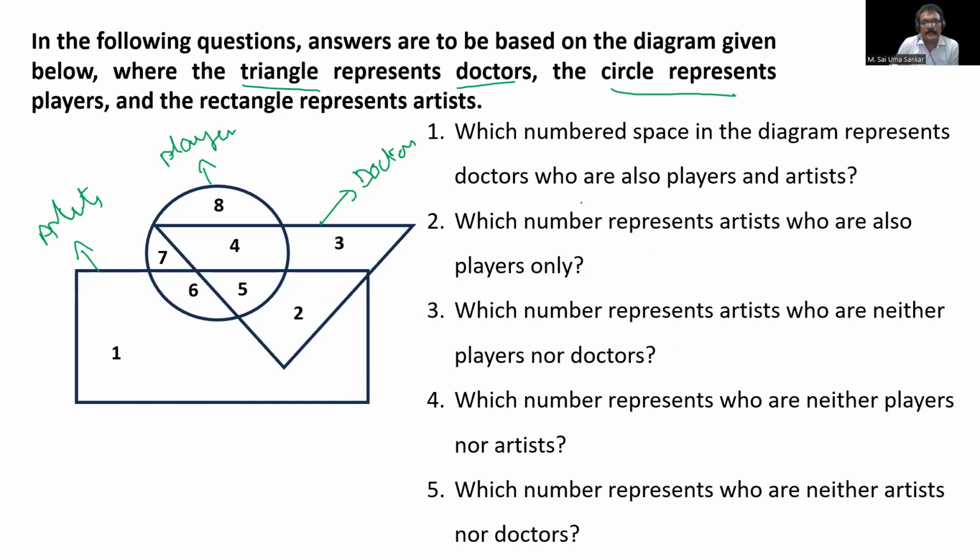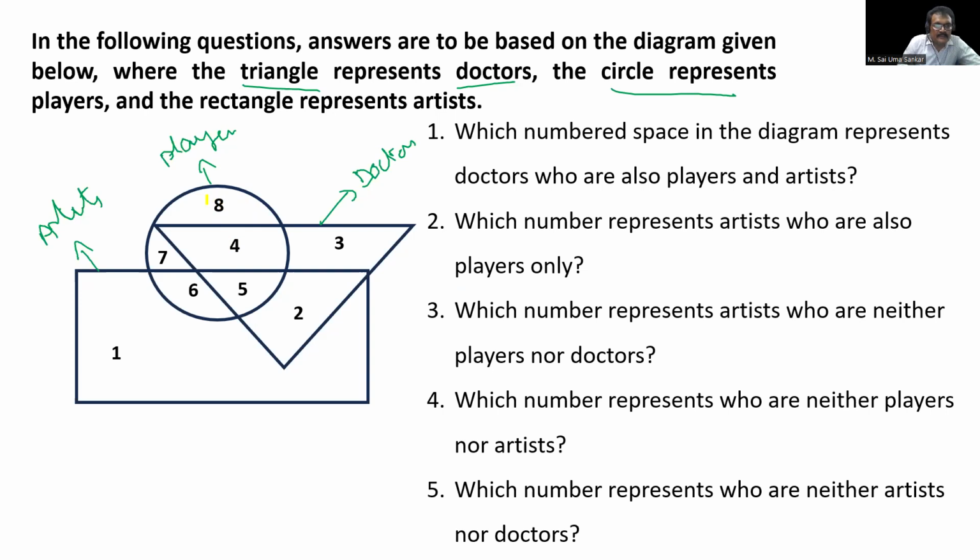What is the first question? Which number space in the diagram represents doctors who are also players and artists? Players and artists, that means we require the circle and the triangle, right? We require the circle and the triangle. See, which combination is circle and triangle?